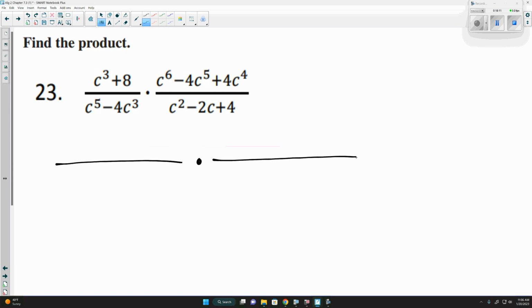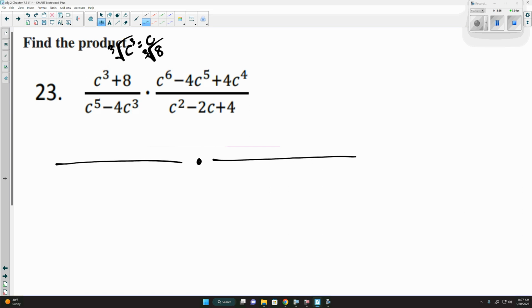Looking at the numerator, we have c to the third plus 8. Is c to the third a perfect cube? What times itself 3 times is c to the third? C, because c times c times c is c to the third. So if we took the cubed root of c to the third, we would just get c.